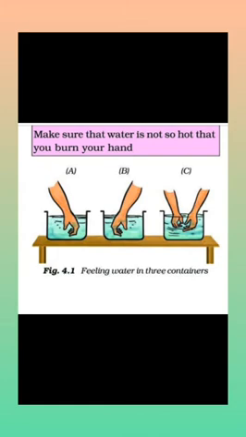Now dip your left hand in mug A and the right hand in mug B. Just look at the diagram also. After keeping the hands in the 2 mugs for 2 to 3 minutes, take out both the hands and put them simultaneously in mug C.